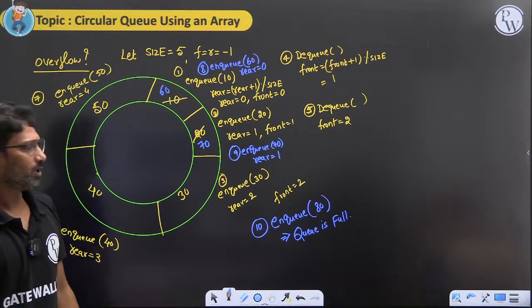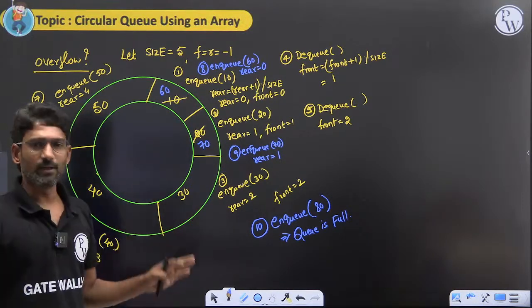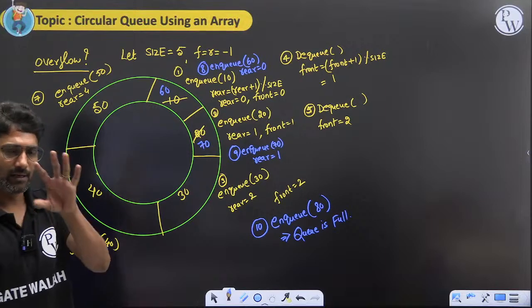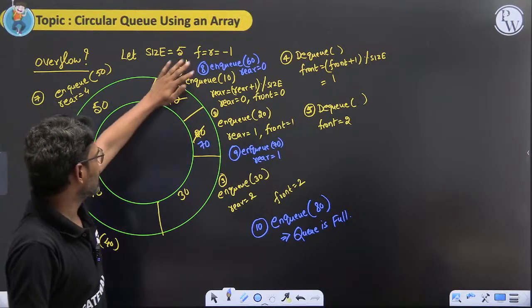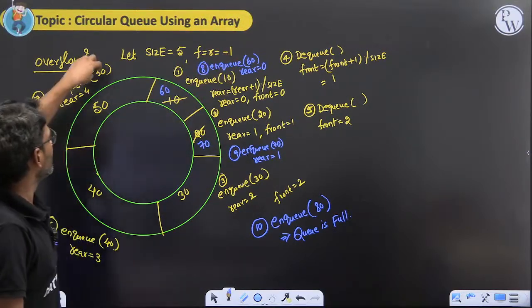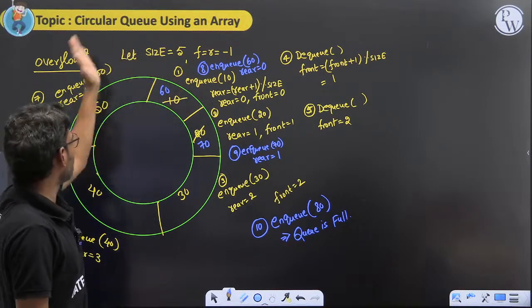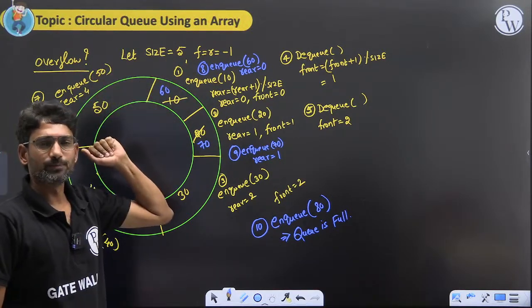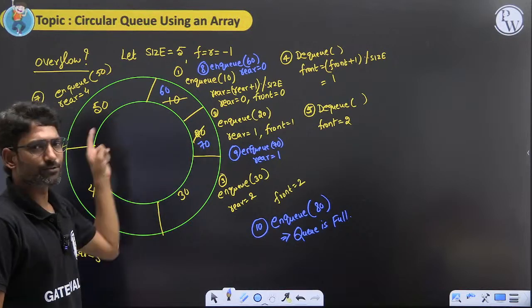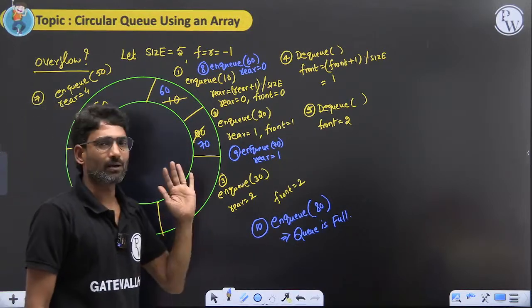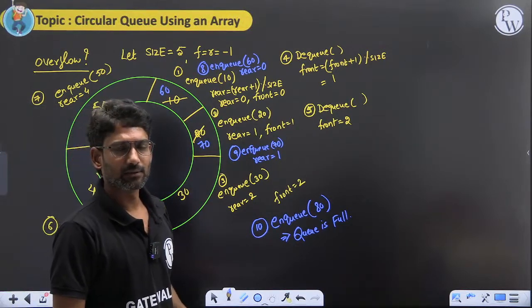No, because in a regular insertion, if 5 elements are inserted, front will be at 0, rear will be at 4. Then front greater than rear? No. But still the queue is full. So you cannot write front greater than rear.